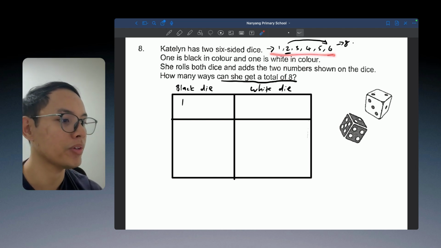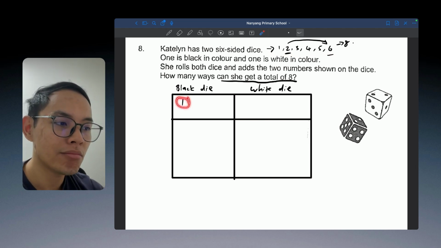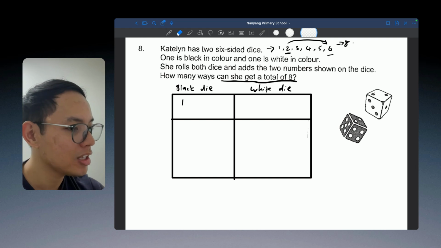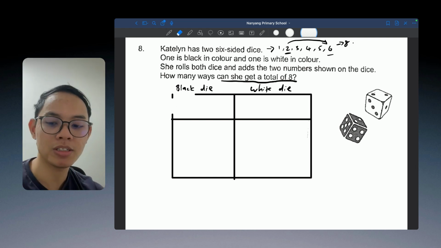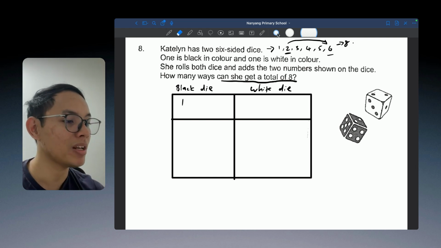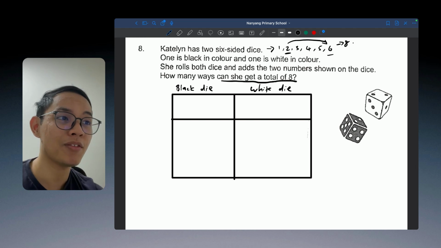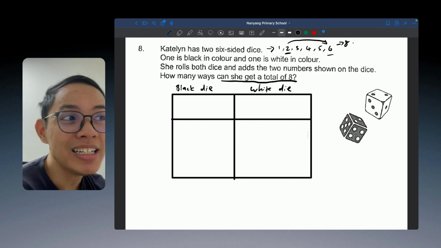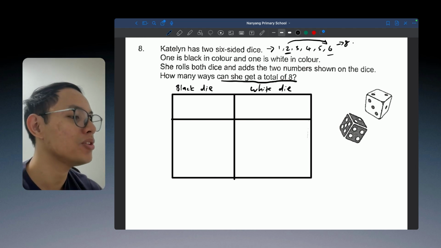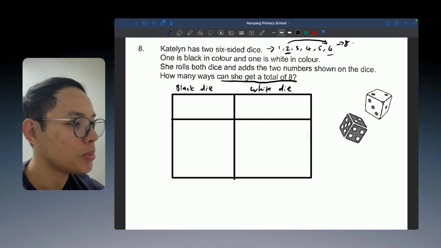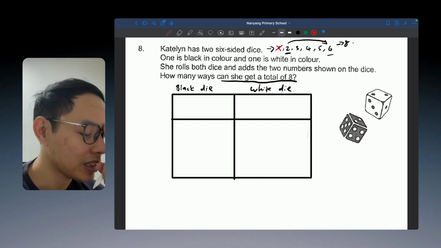Can we use number 1? I don't think so, because if you want to use number 1, then we need to get 7. But do we have the number 7 on a six-sided die? No. So we can't use the number 1, so we can remove number 1. That's what you see over here.